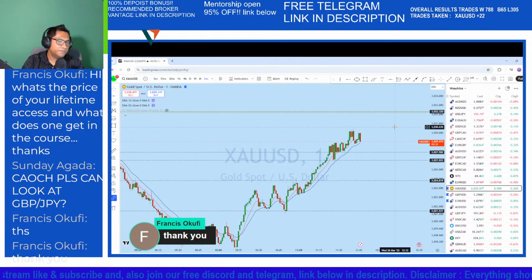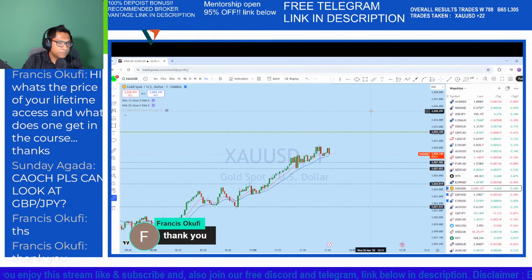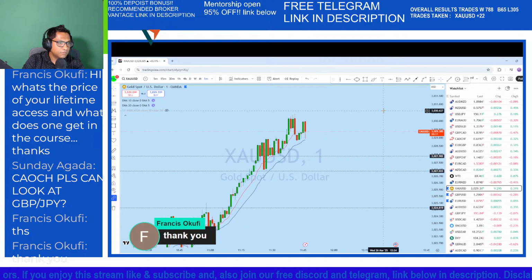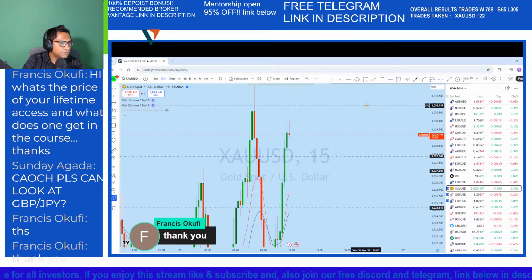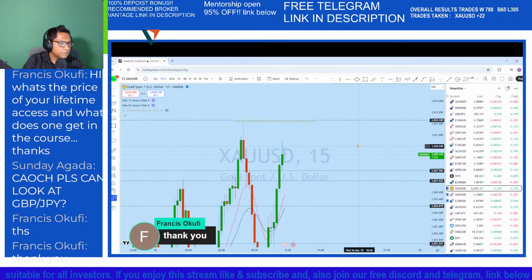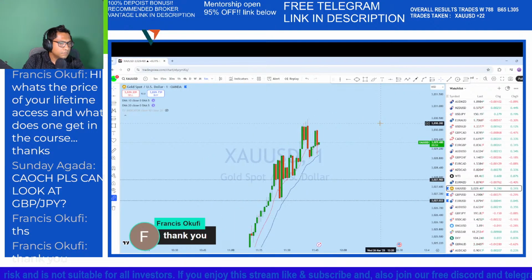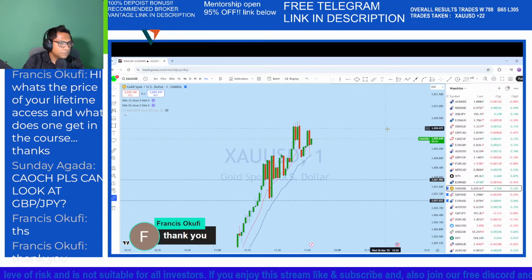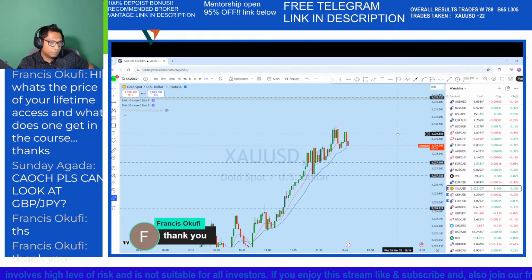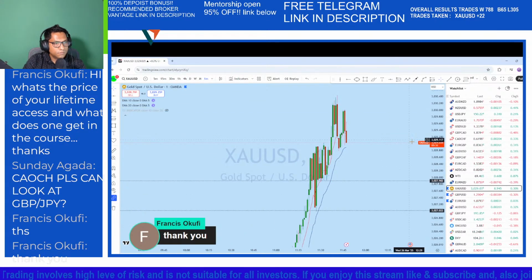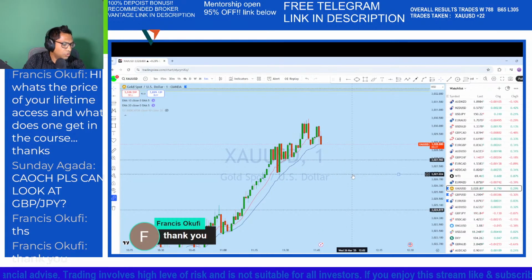Want to see that breakout structure. We can see that from that zone it started to break from that structure.